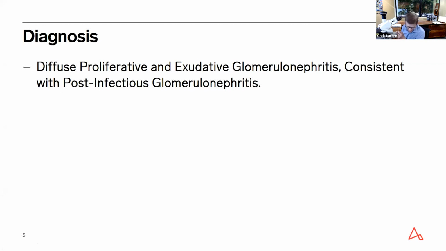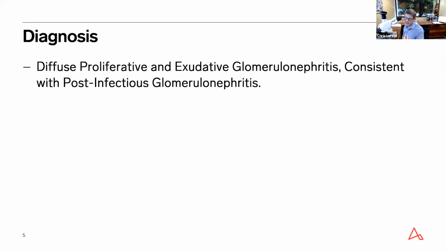Now, we don't commonly say post-infectious anymore. When we talk about infection, we tend to use the term infection-associated glomerulonephritis because commonly these patients still have ongoing infections. However, in this case, this patient's clinical history was consistent with a remote infection.